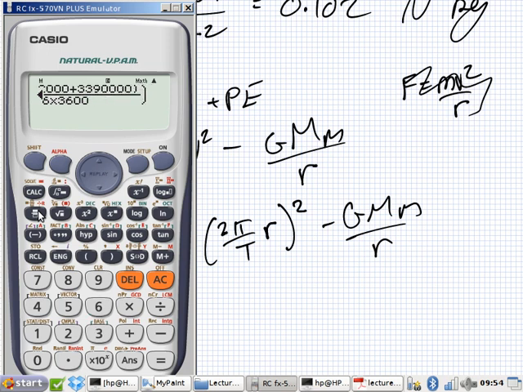Okay, so that's the kinetic part. Now time for the other part.